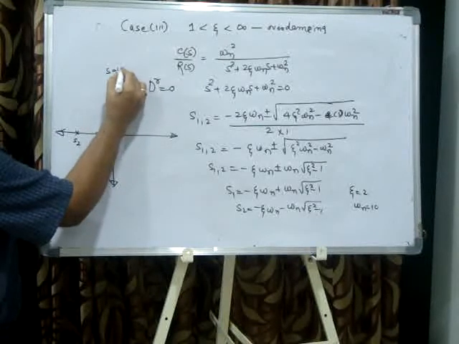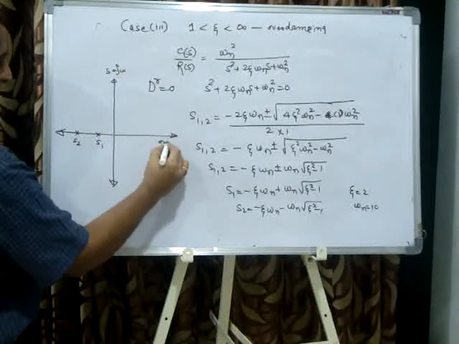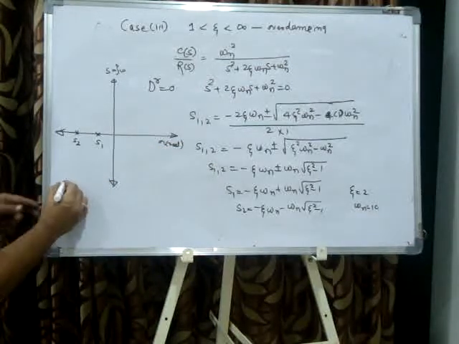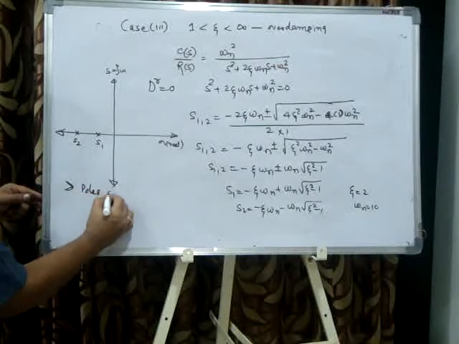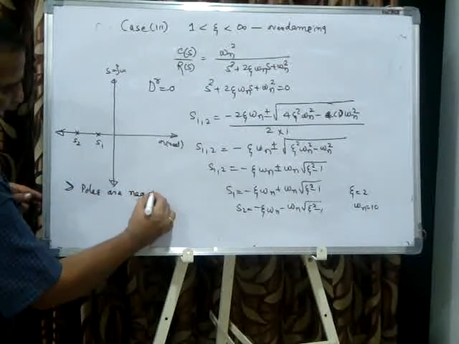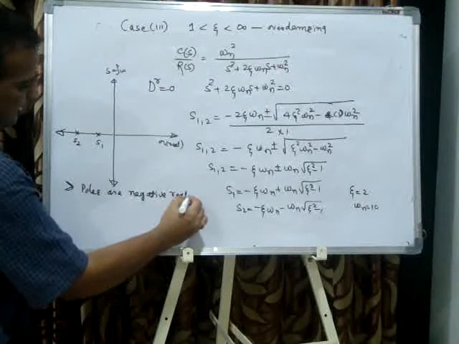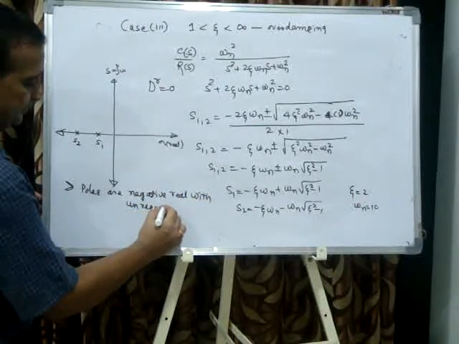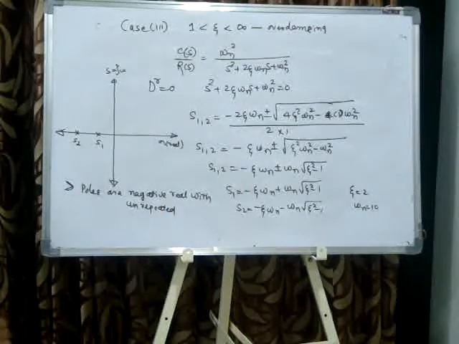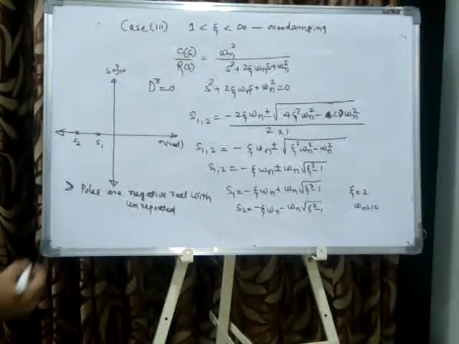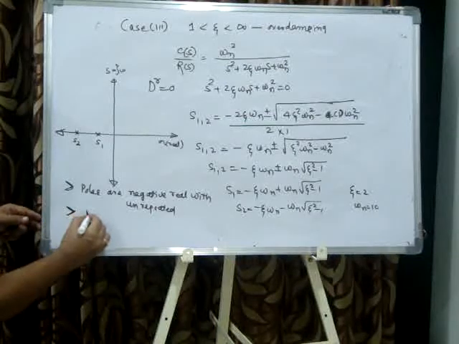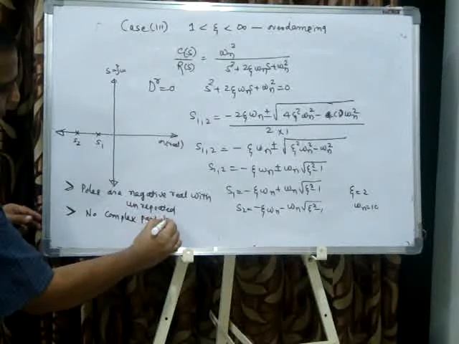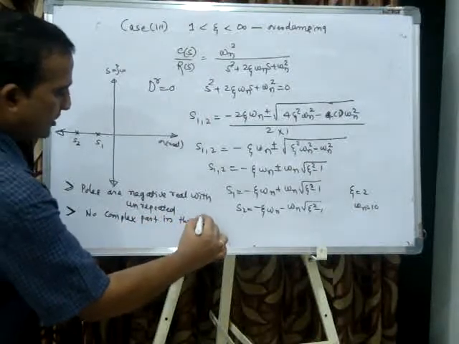Now what is the nature of poles? Negative real with unrepeated. Now poles are negative real with unrepeated. So no complex part once again. No complex part in the poles.